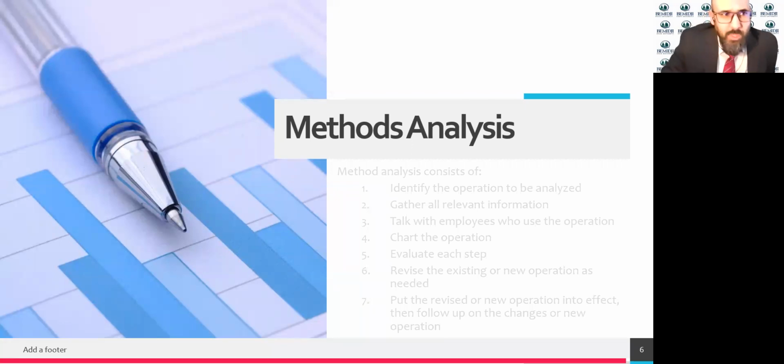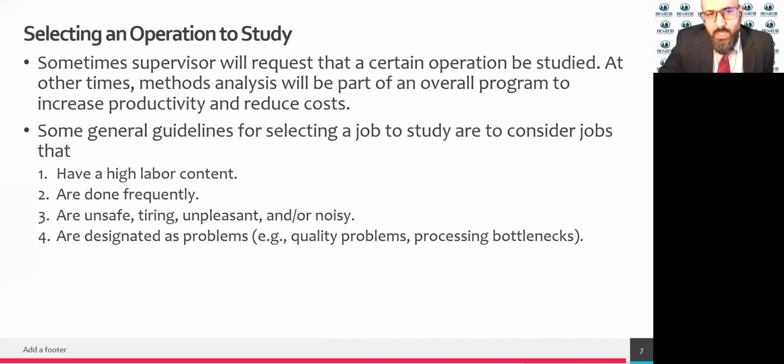All right, so what we need to do next is how we could select a process. Based on what? There are at least 4 reasons that you could select a specific job. You have so many processes in your organization that you really wish that you could improve them.